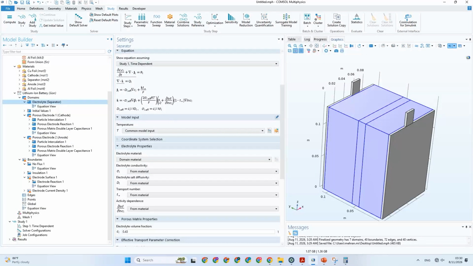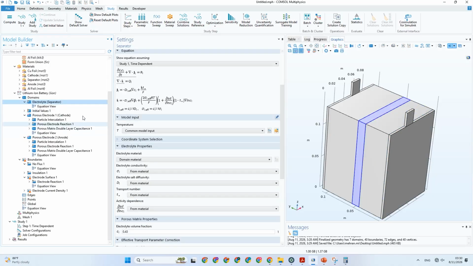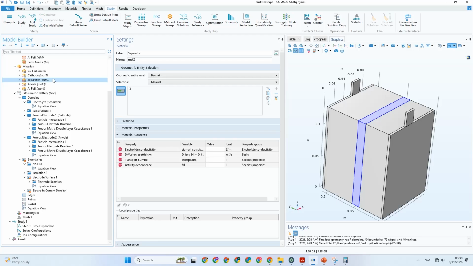Here I just add anode was here, and cathode was here, and the electrode is the middle. Now in cathode, this is cathode, and we can see transport number, activity dependence. For anode also, and for separator.